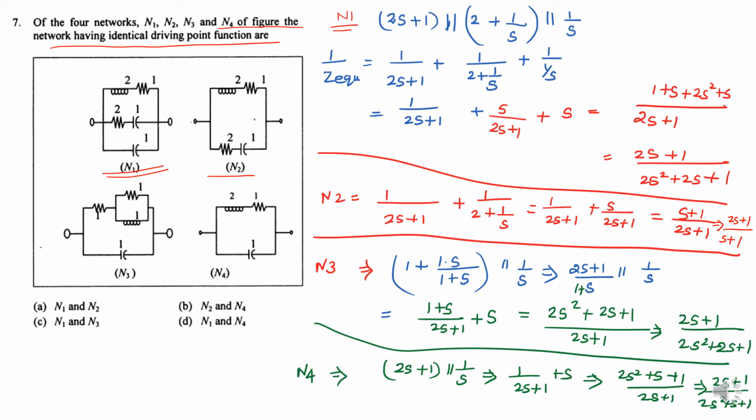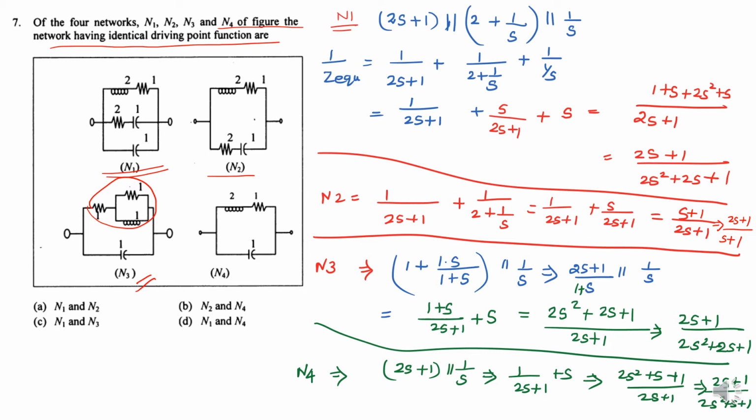And next N3. Here for N3, two are in parallel and this is connected in series with this combination. So 1 into s divided by 1 plus s, parallel 1 by s, that is 2s plus 1, 1 plus s by 1 plus s.